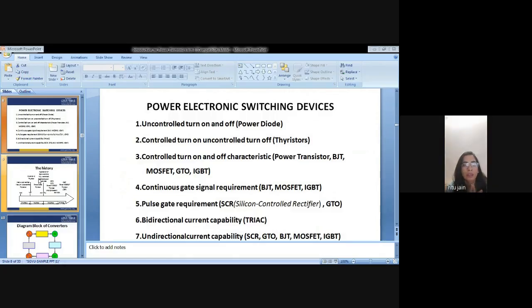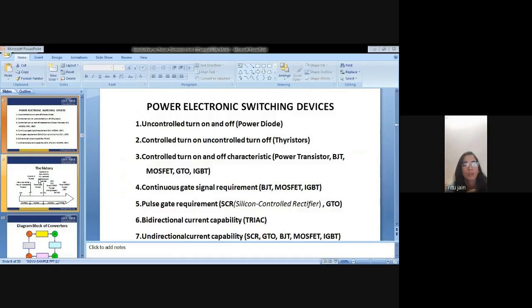Second is controlled turn on, uncontrolled turn off. This is called a thyristor, or you can say a silicon controlled rectifier, SCR. What is a thyristor? It is basically a three layer device.